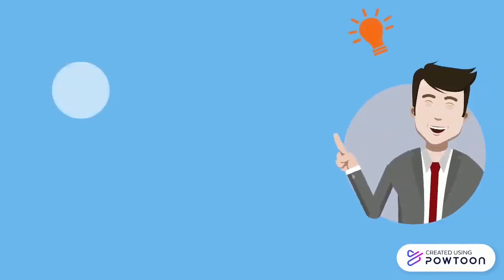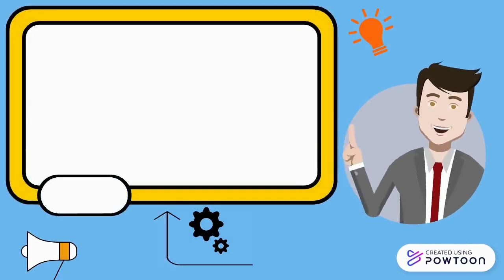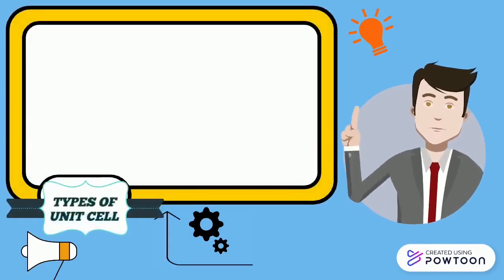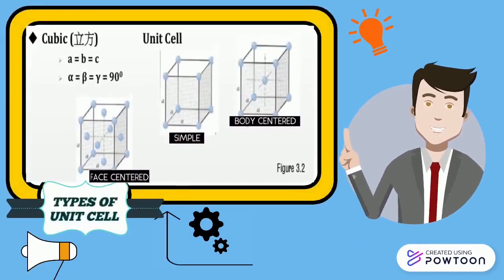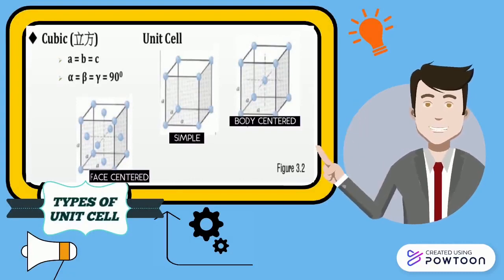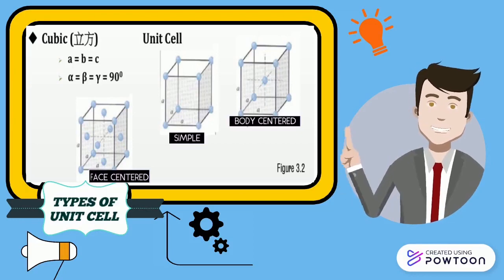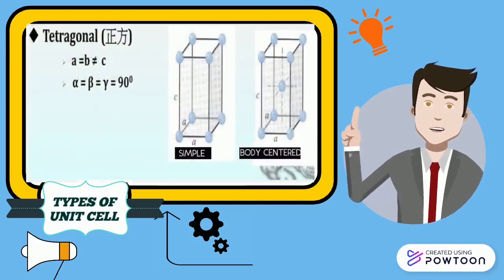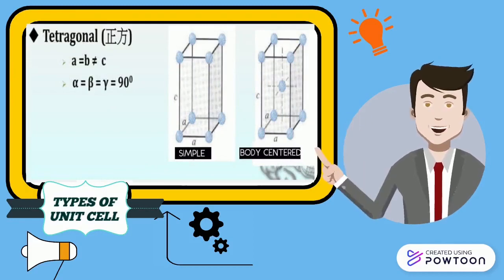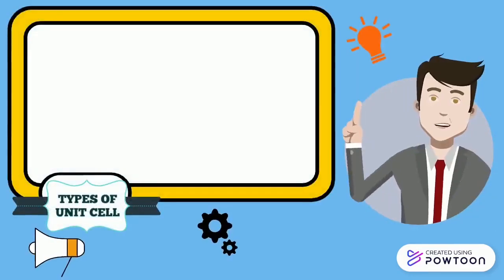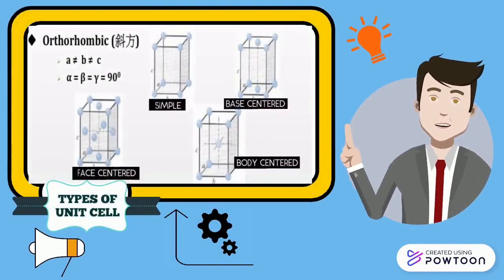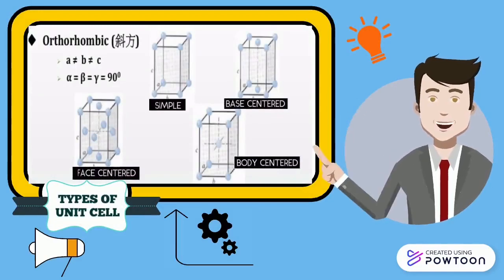There are 7 types of unit cells. The first one is cubic, where a equals b equals c. The second one is tetragonal, where a equals b but not equal to c. The third one is orthorhombic, where a is unequal to b and c.